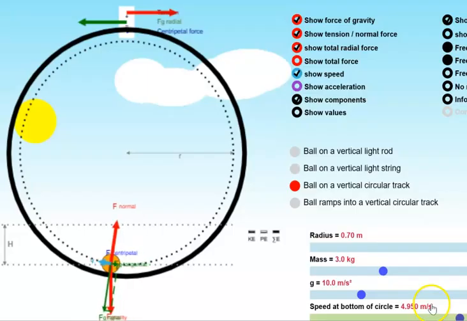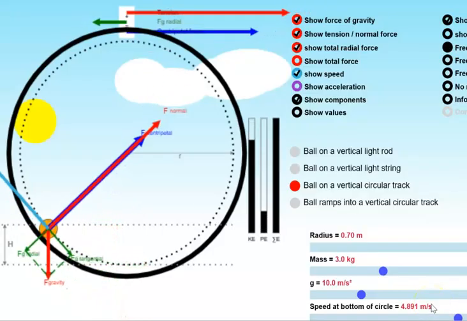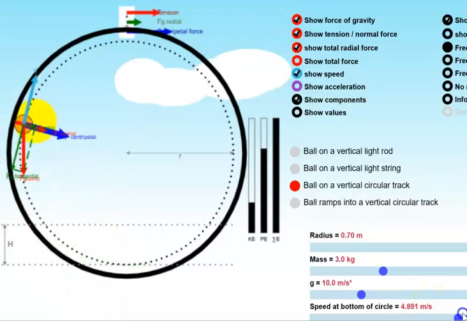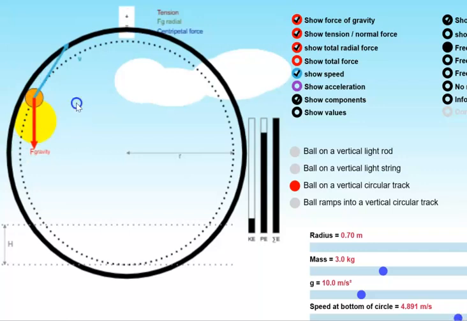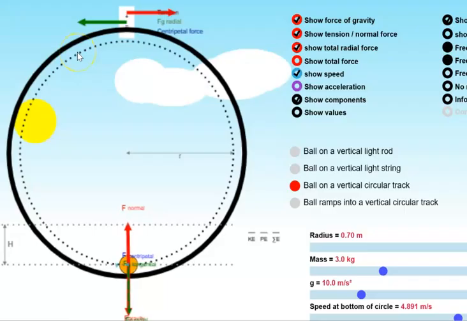I'll try and pause it. So at that critical point there's no force acting from the cylinder onto the object, and it just leaves the surface and flies down as a projectile. So we're going to look at a few questions like that.